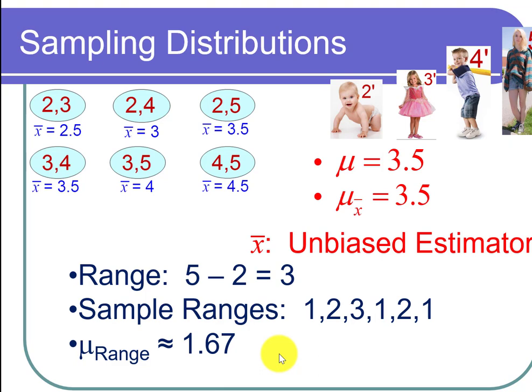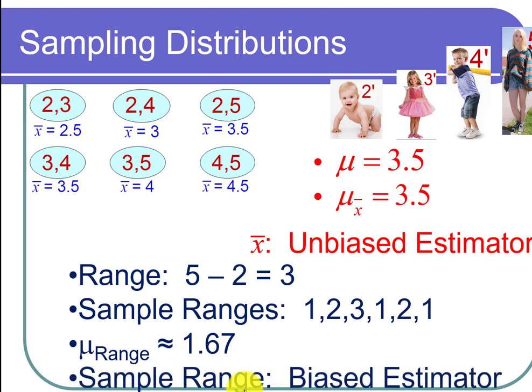The range for the population will pretty much always be bigger than the mean of the ranges of a fixed sample size. So that means the sample range is a biased estimator.